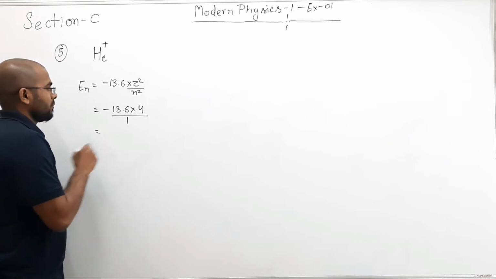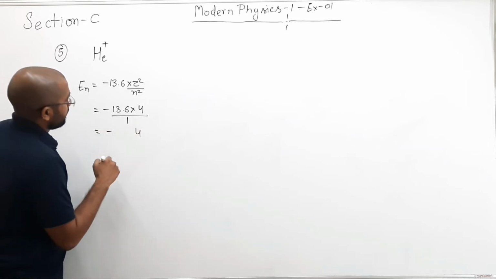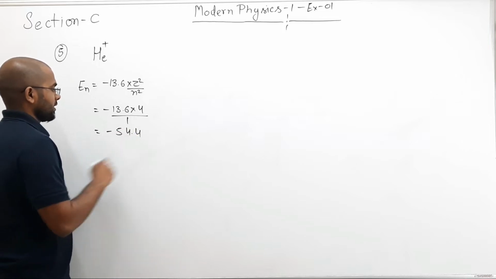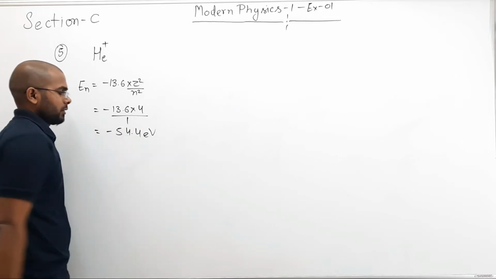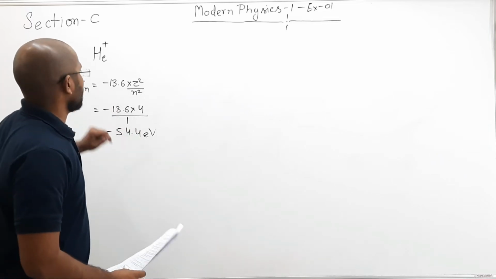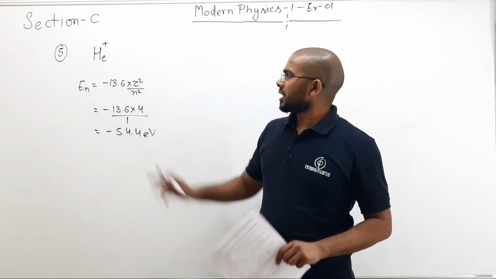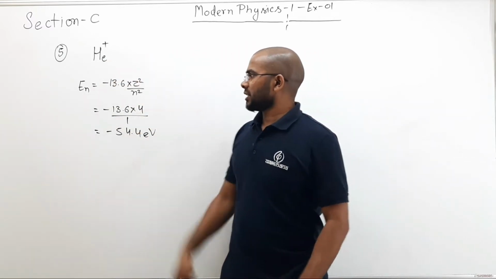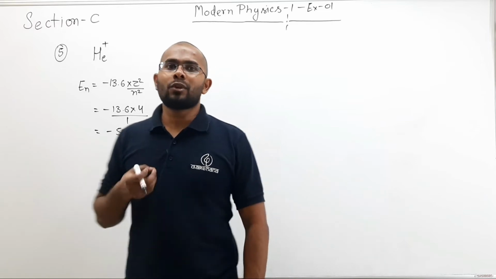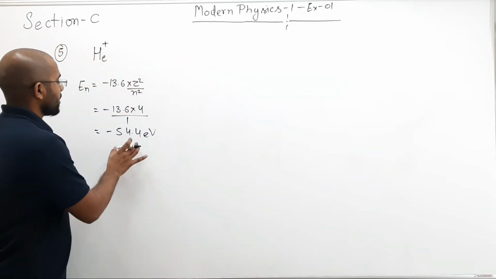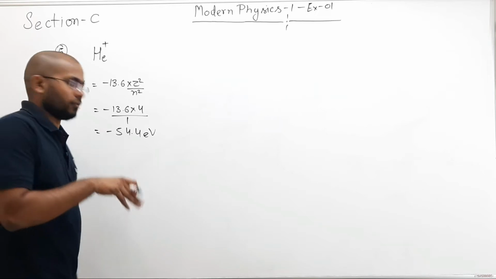So this will be minus 4 times 13.6, that is minus 54.4 electron volt. So this electron in He plus has an energy of this much, and if I want to remove this electron from the helium atom, I need to make this energy at least 0.